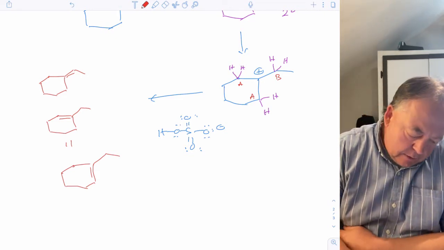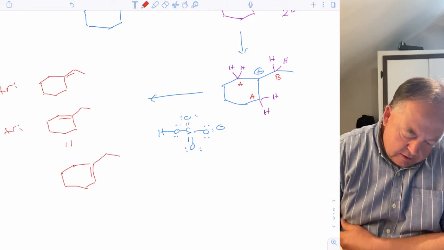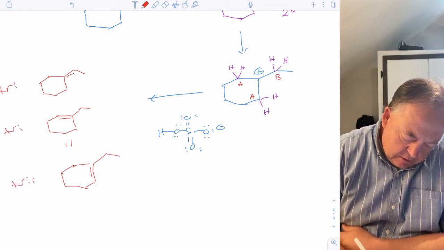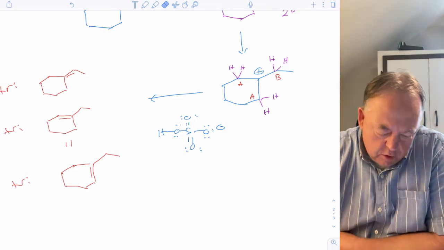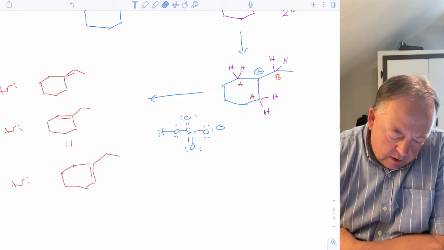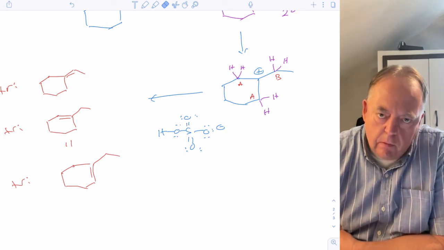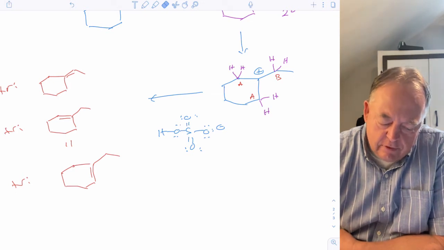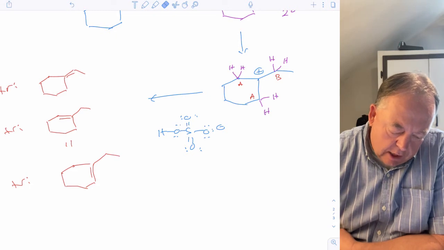Well, they're all tri-substituted alkenes. And since these two are the same, it doesn't really make sense to keep talking about them both, but we will. Okay, so they're all tri-substituted alkenes, but having the double bond inside the ring is generally more stable than the double bond attached to the ring. So we're not going to form this one.